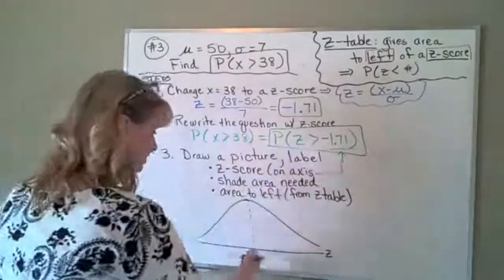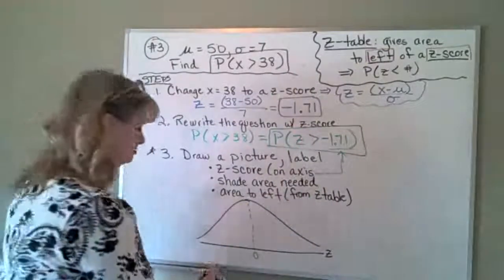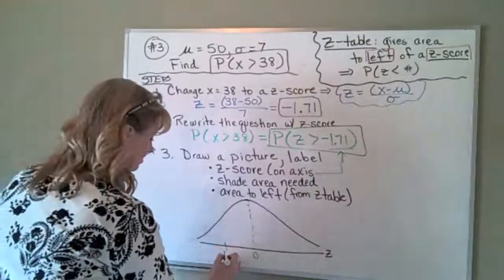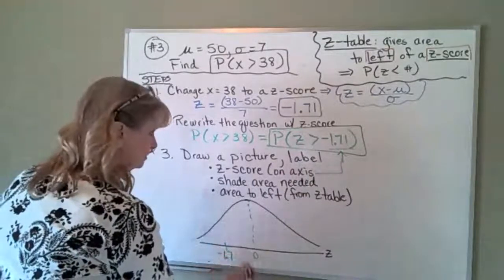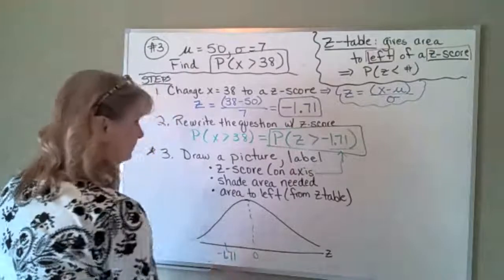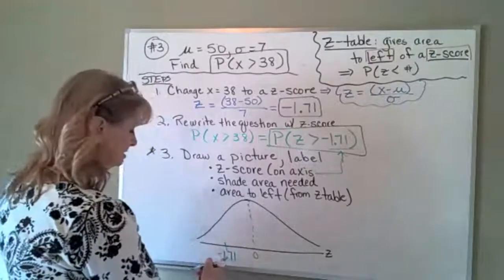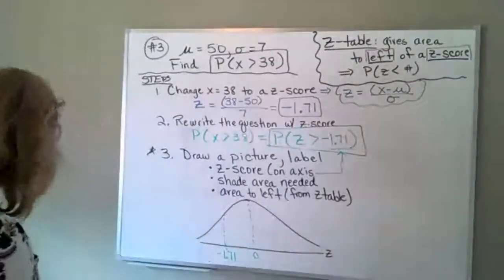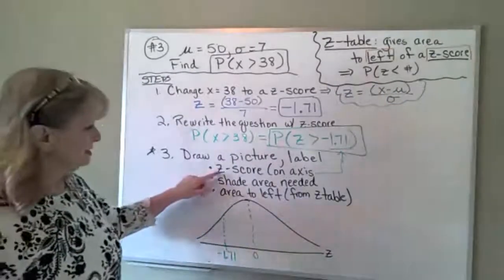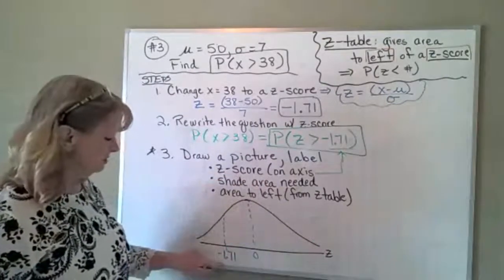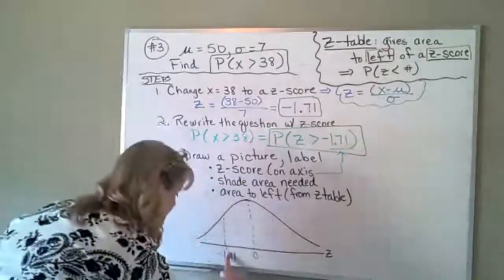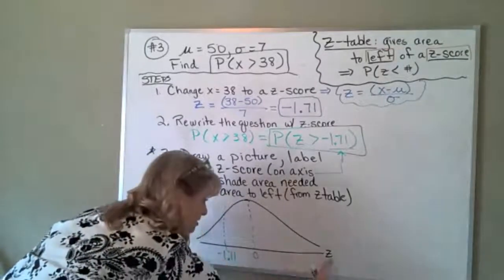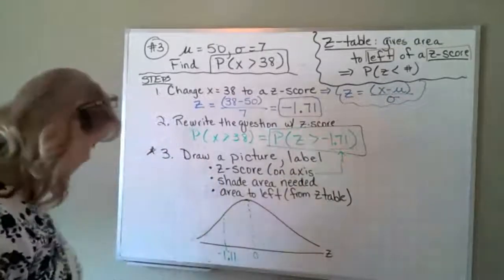Since it's negative, we'll be to the left of 0. Negative 1.7, that's pretty far. I'm going to put it down here. 1.71. So that's the z-score there, and I'm going to draw a line down to it. So I labeled the z-score on the axis. The z-score always goes down here. Notice that says z there.